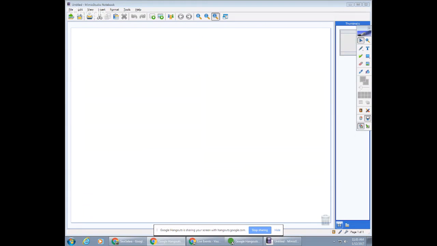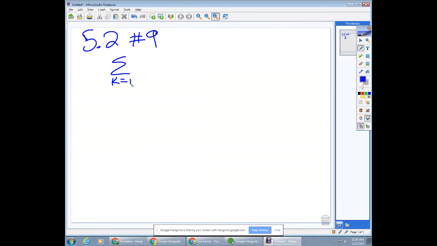Okie dokie. So this is 5.2, number 9 online, and that's one in the book too, I can't remember which one. For my version, it says the sum as k goes from 1 to n of a sub k is equal to 11.